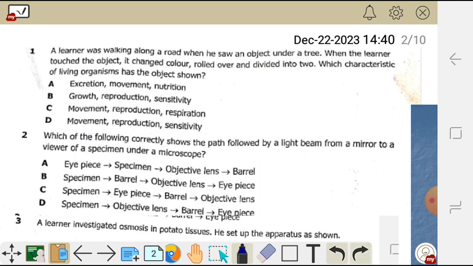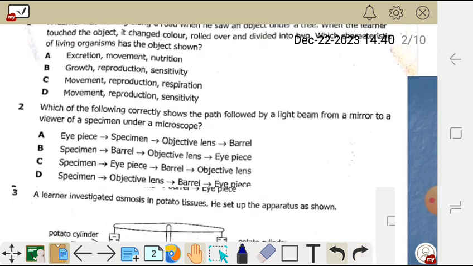We move on to question 2. So question 2, which of the following correctly shows the path followed by a light beam from a mirror to a viewer of a specimen under a microscope?